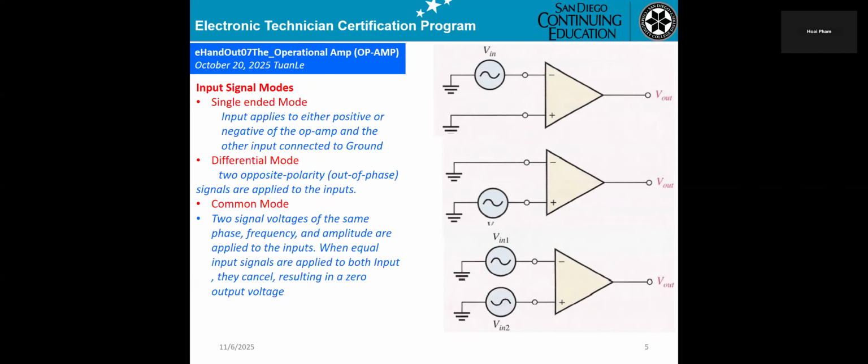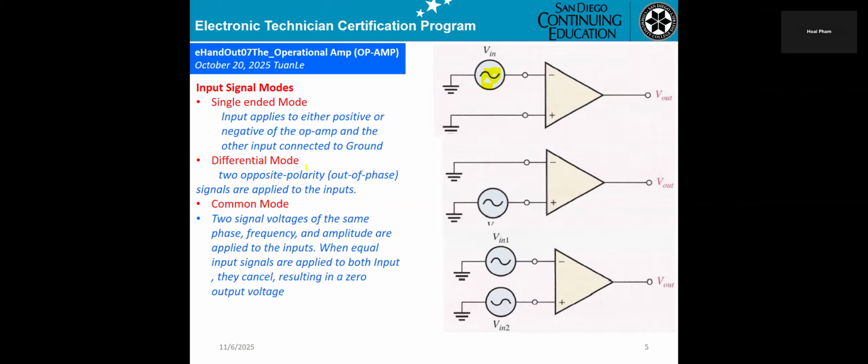Input signal. The first one, they connect the input sideway to a negative, and the positive input they connect to ground. Only one input, okay?